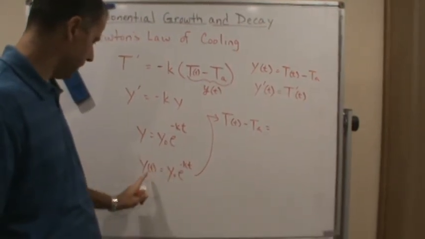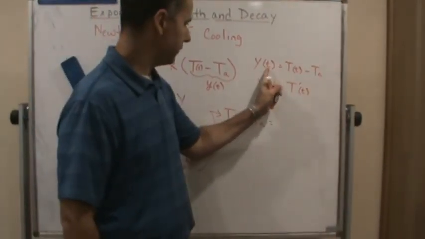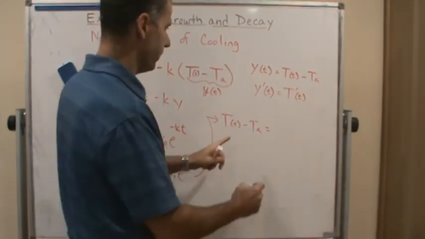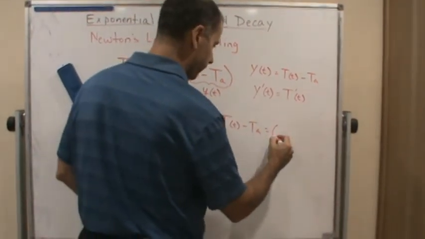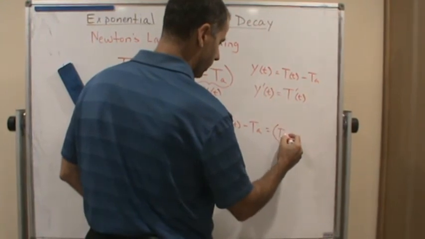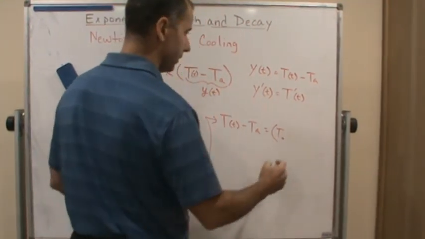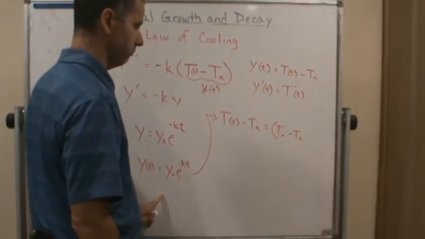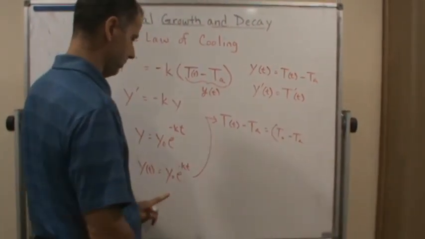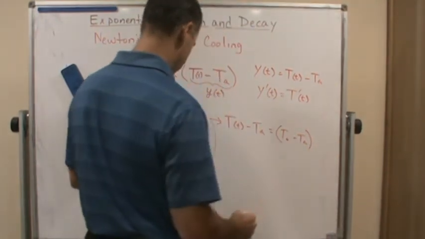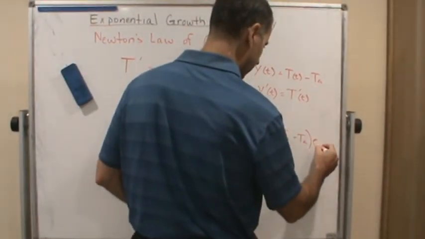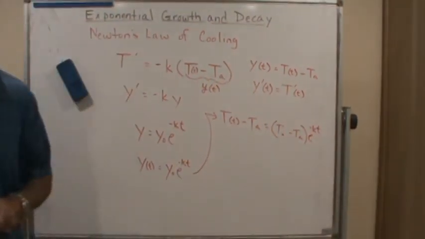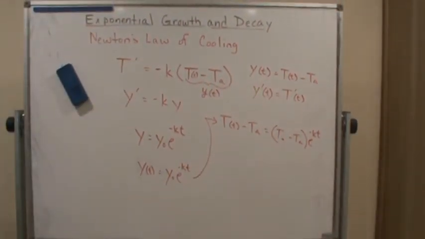So it's going to be the same form, but instead it's going to be T0 minus T sub a, so this is equal to T naught minus T sub a, times e to the negative kt. So far, so good?